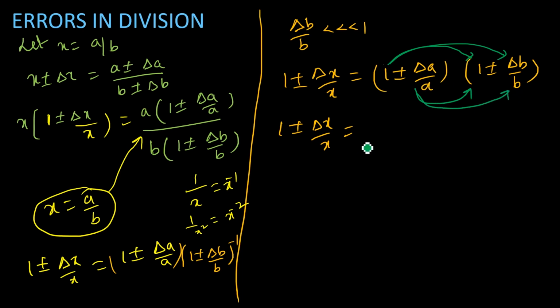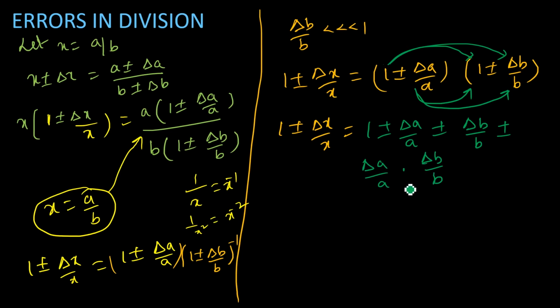First we will see 1 plus or minus delta a by a, so 1, then this next. Then delta b by b plus or minus delta a by a times delta b by b.